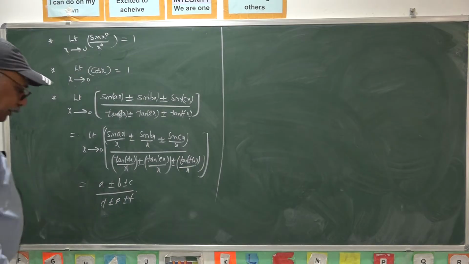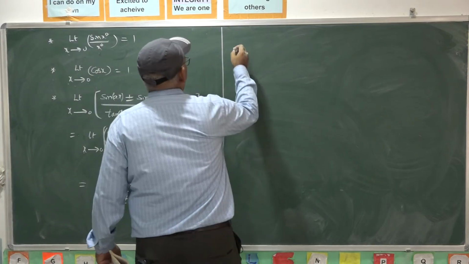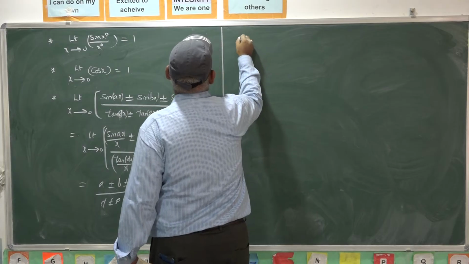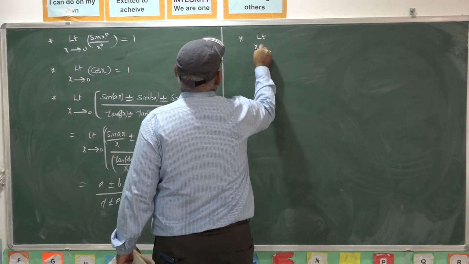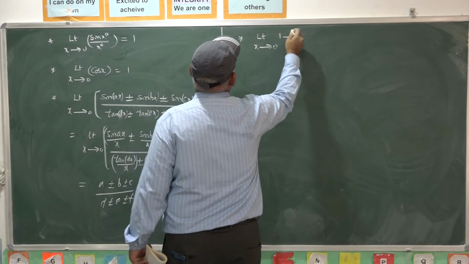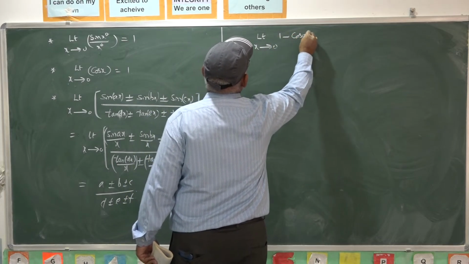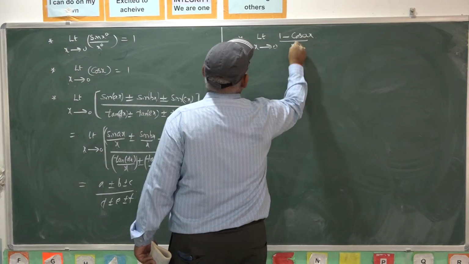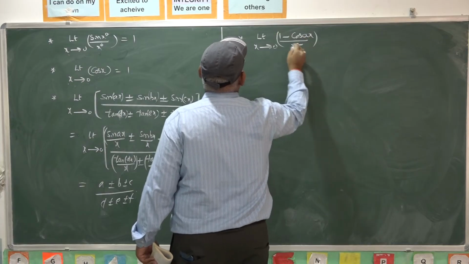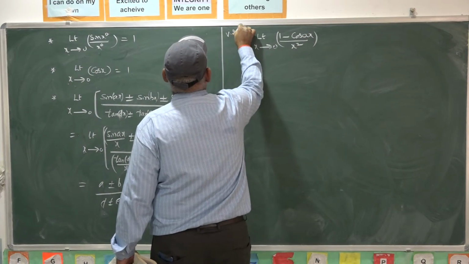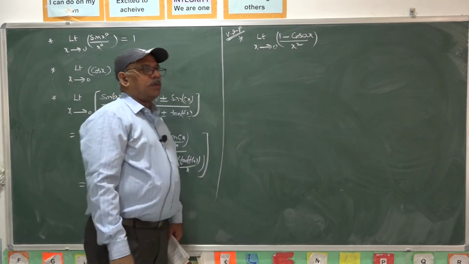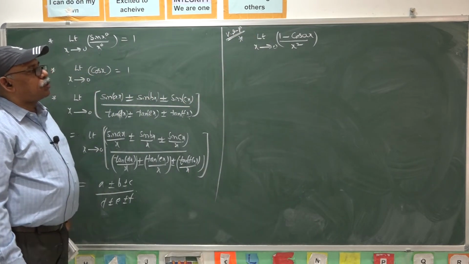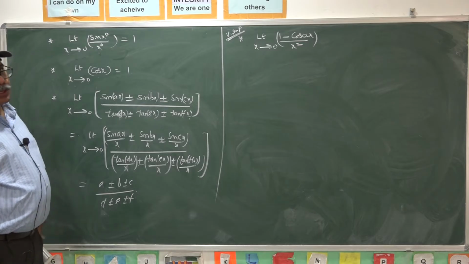Okay. Now, another important formula: limit as x goes to 0 of 1 minus cos ax by x square. This is very important.